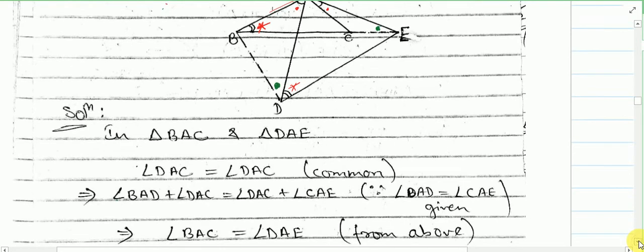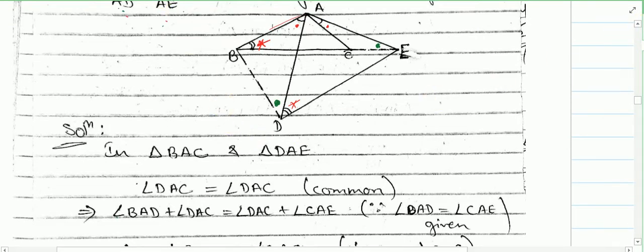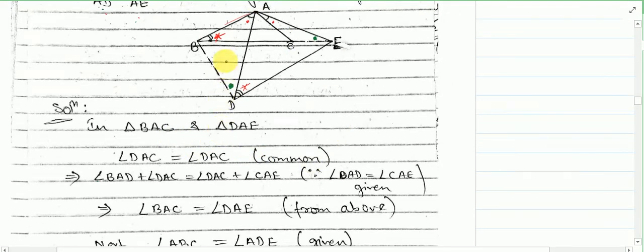So for the first one, we will take these two triangles: A, B, C, and then we'll take A, D, E. So take triangle BAC, or you can say triangle ABC, and triangle DAE.